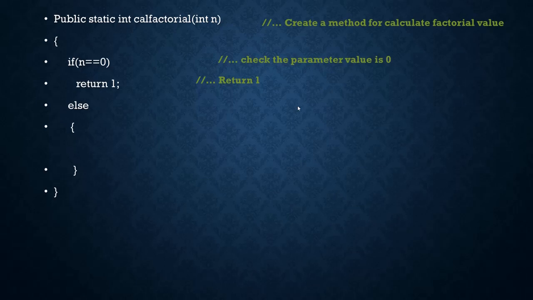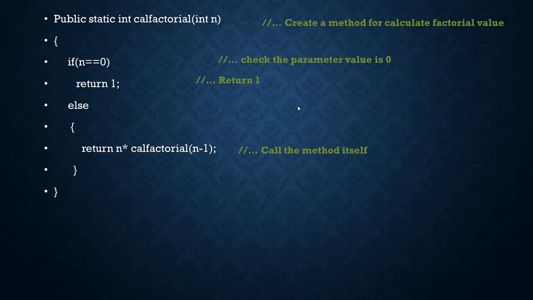If it is n, and the method's purpose is calculating a factorial value, I will return n multiplied by calculateFactorial of n minus 1. That means it continues until n is equal to 0, and then it calculates the factorial value.